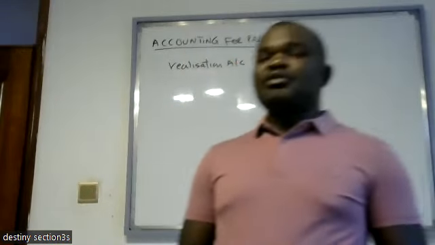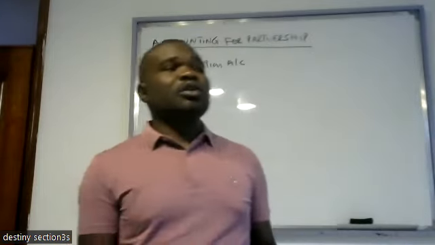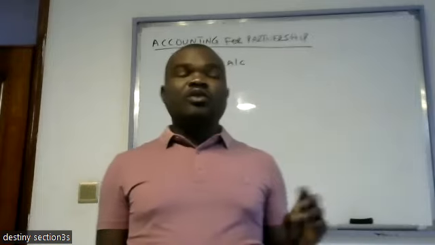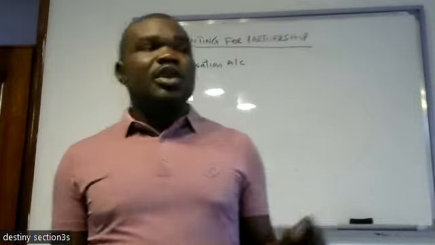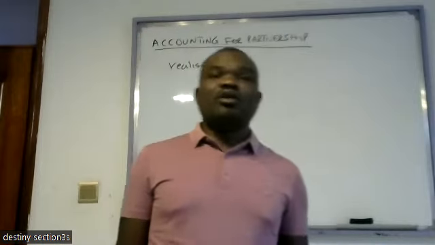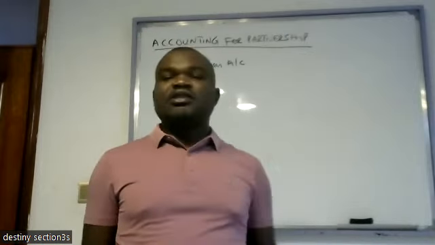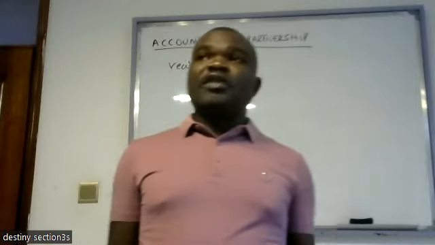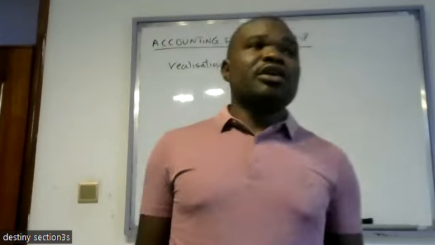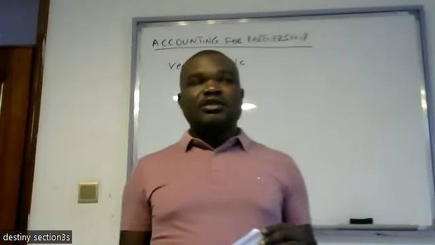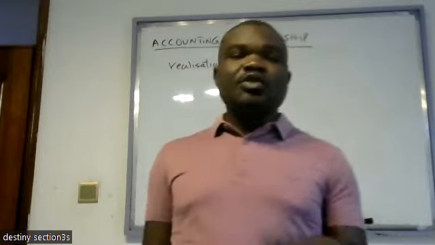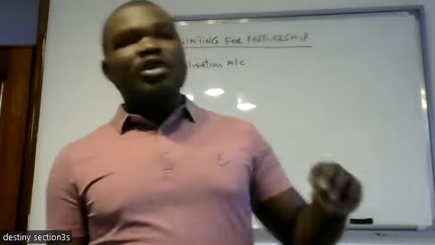So what happens during conversion? We prepare an account called realization account. In the realization account, you close off all the assets in order to determine whether you gained or lost on the values of the assets. Then you also prepare partners' capital accounts to know how much is due to the partners.